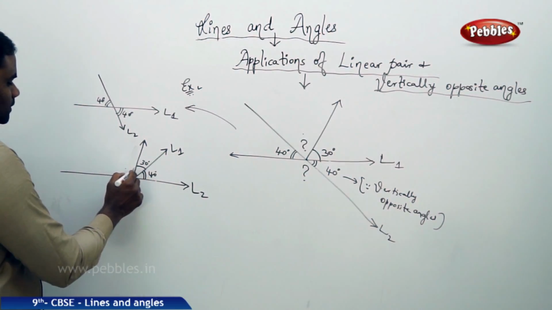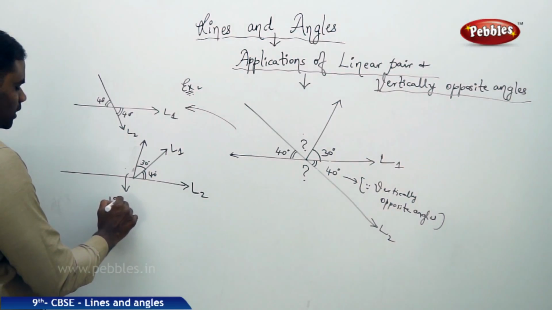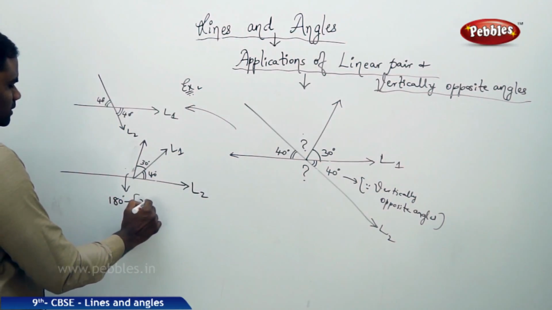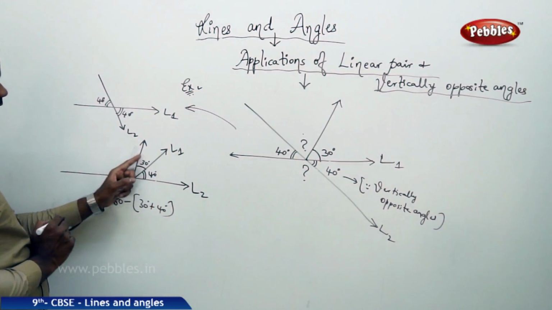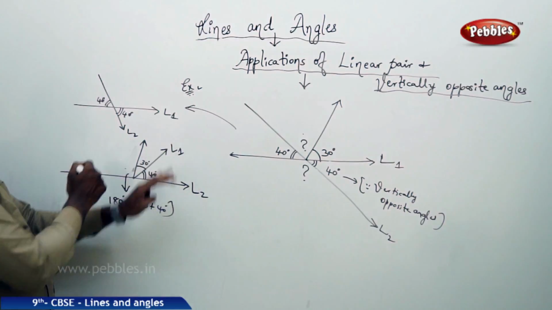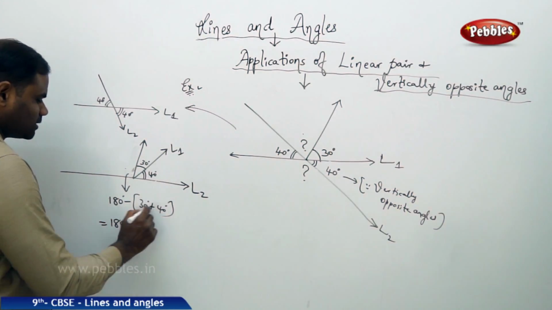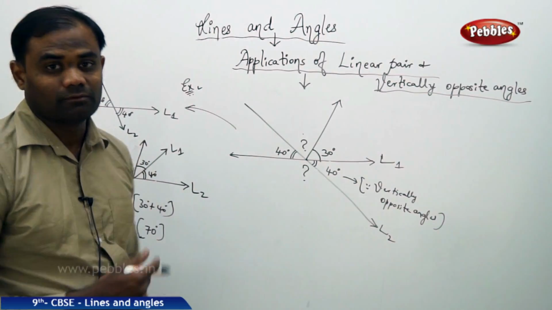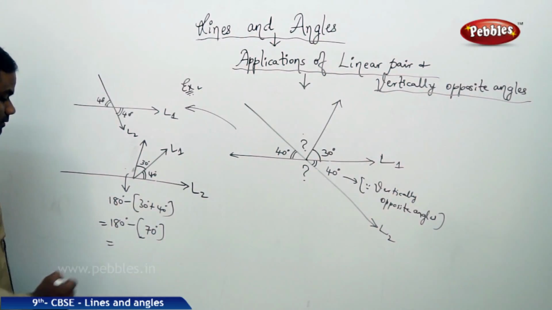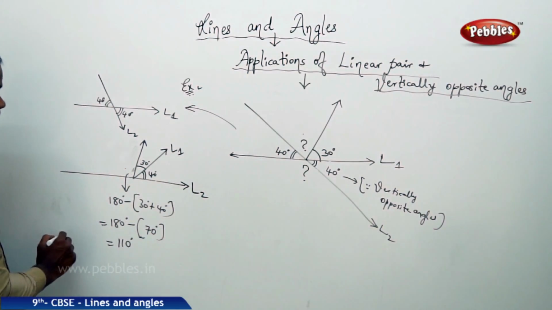Therefore, this angle will be 180 minus (30 plus 40), because the whole of 180 minus this gives me the required angle, which on further simplification gives 180 minus (30 plus 40), which is 70, where 70 when subtracted from 180 is 110.